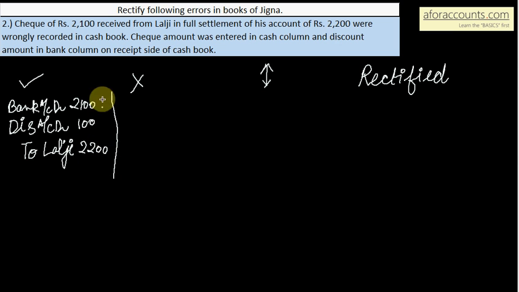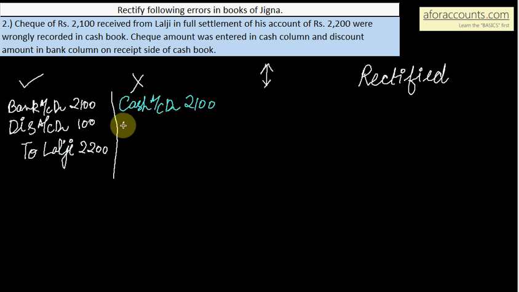Now what did I do? Instead of bank, I said that I have received cash. See, it is written here, wrongly recorded in cash book. So what I did was write cash account debit, how much? 2,100. The check amount was entered in the cash column. So instead of bank I used cash, 2,100, and the discount amount in the bank column on the receipt side of the cash book. Instead of discount, what did I use?